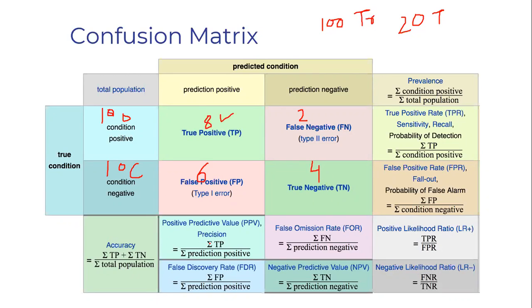Now I look at precision. Precision is true positives upon the total predicted positive, right? Precision is how many times my model correctly predicted dogs. It correctly predicted dogs 8 times, out of how many times my model said this is a dog? We add false positive and true positive, 14.